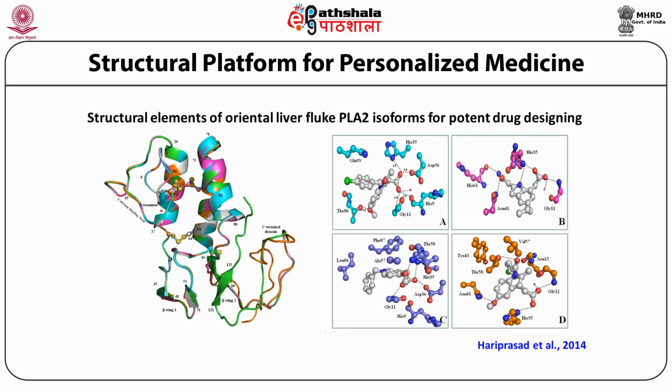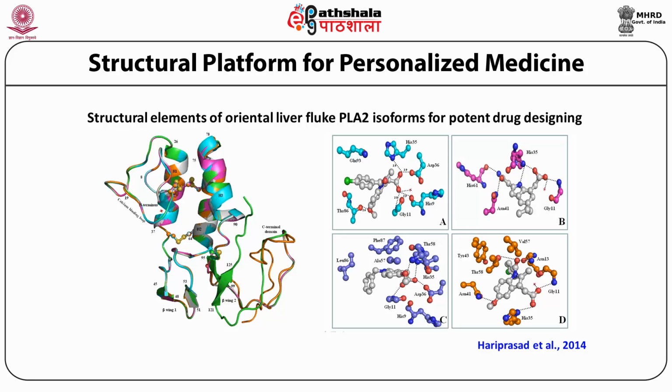Protein structure prediction is a tool to develop personalized medicines. Different people respond in different ways to the same medicine. Why is it so? That is because people have certain enzymes whose three-dimensional structure may slightly vary from one another.